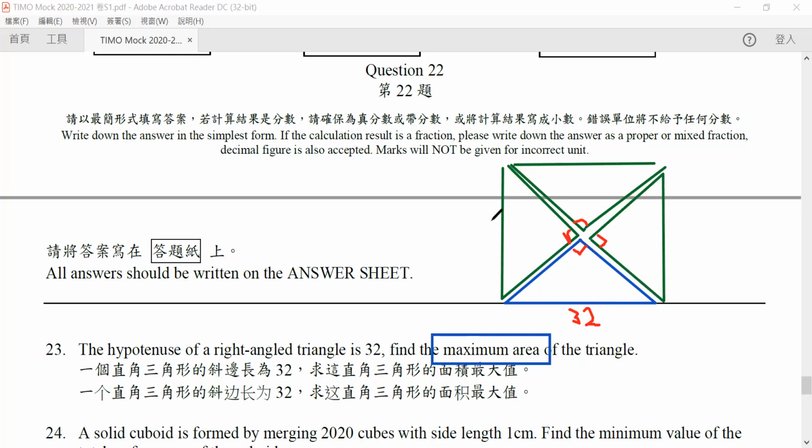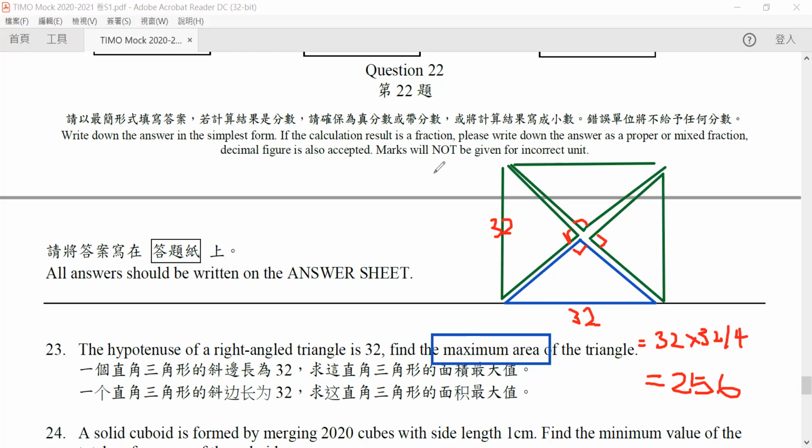And all it has is a square with length 32. So we know that the maximum area must be equal to 32 times 32 divided by 4, because it is just 1/4 of the whole square. So the answer is 256. And you can find out the two legs are each 16 times root 2, but that's not important. All right, this is question 23.